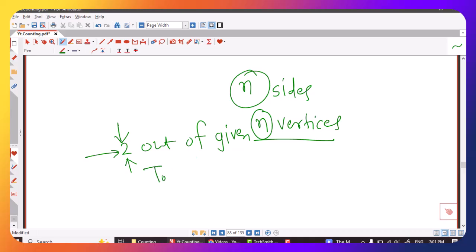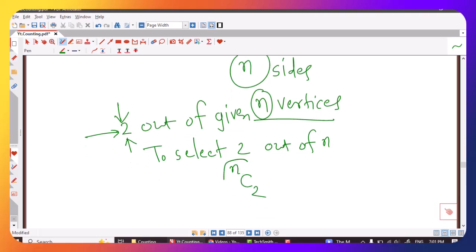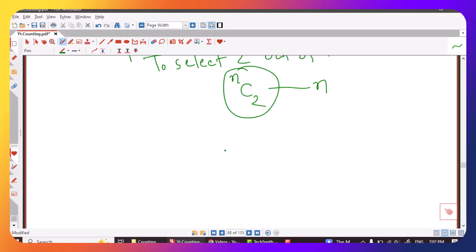That is equivalent to selecting 2 objects out of n objects, and that we can do in nC2 ways. Now out of these nC2 straight line segments, the n sides of the polygon are not diagonals, so we have to subtract n from nC2.